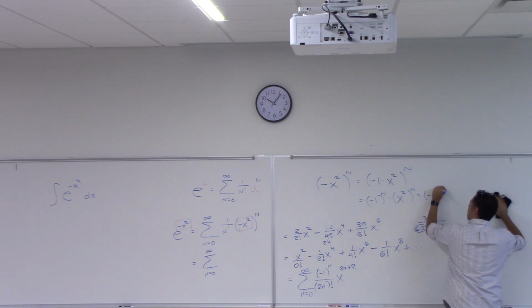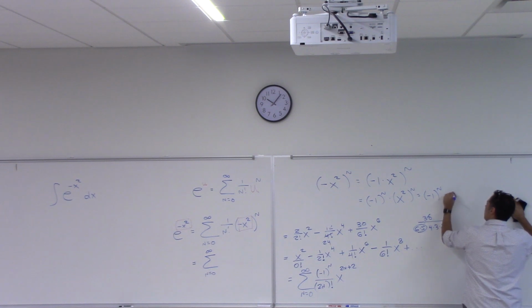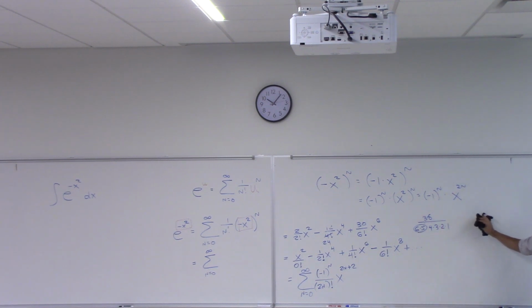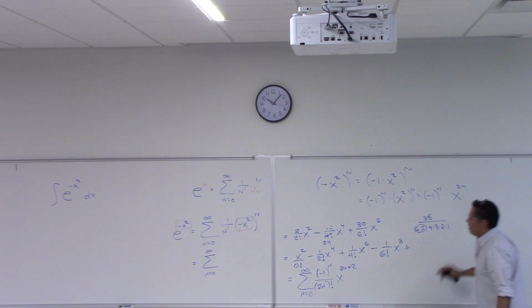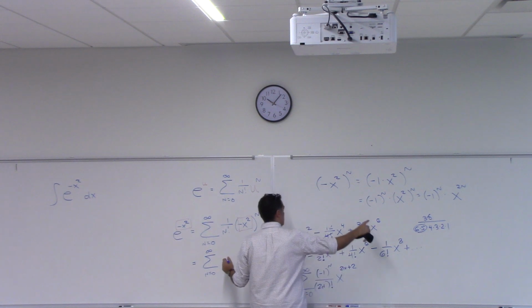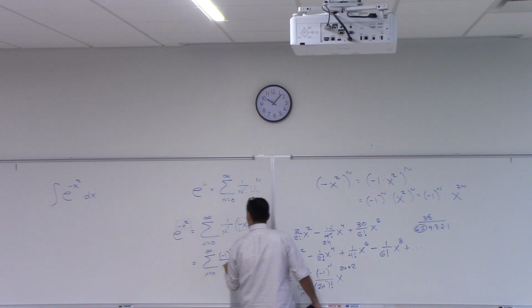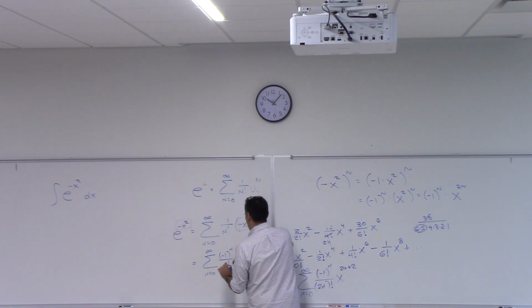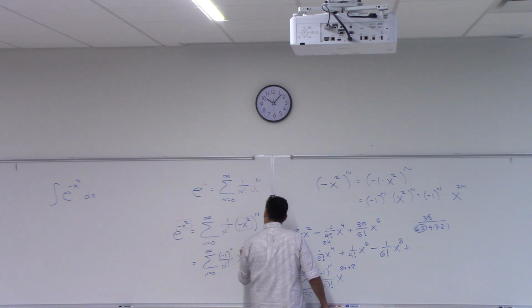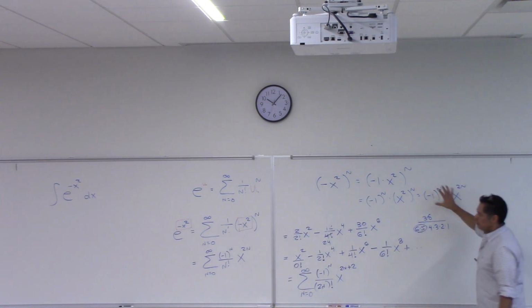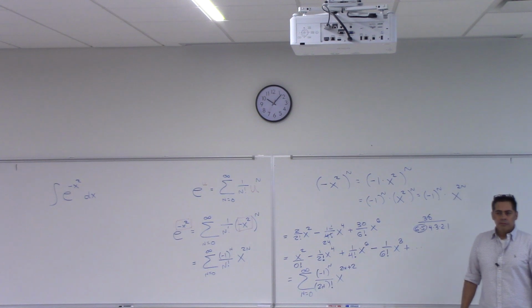I heard that some of y'all were working on this and had a little bit of a disagreement as to what it was. So I can rewrite this as negative 1 to the n over n factorial, and then x to the 2n, right? So I'm just rewriting that using this. You see?